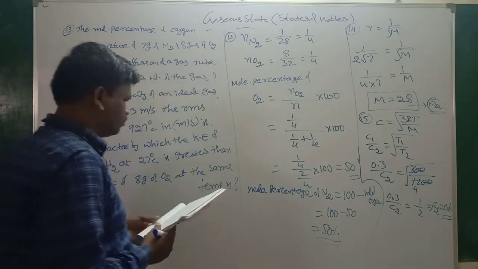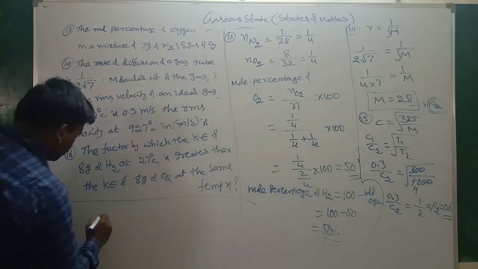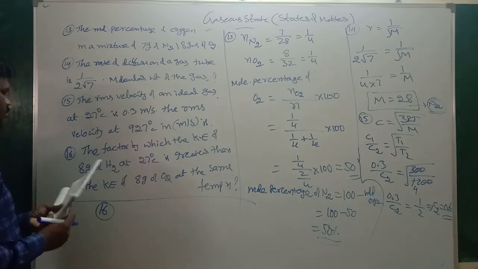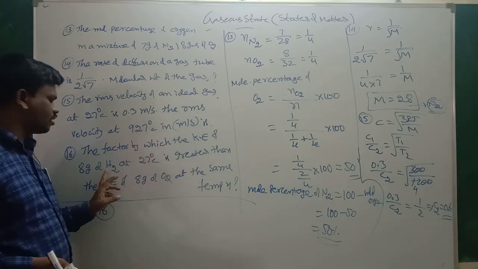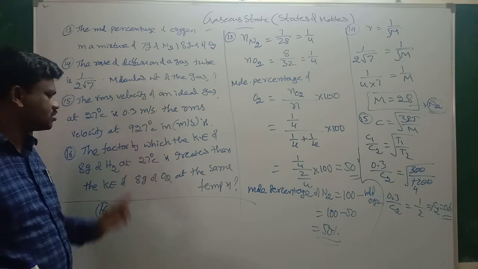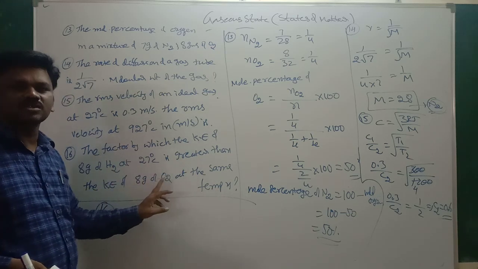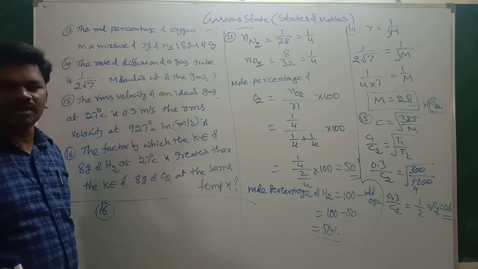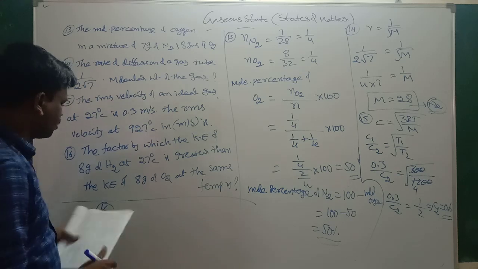And another one, problem number 16. The factor by which the kinetic energy of 8 grams of hydrogen at 27 degrees centigrade is greater than the kinetic energy of 8 grams of oxygen at the same temperature. First of all, the relation between kinetic energy and temperature.